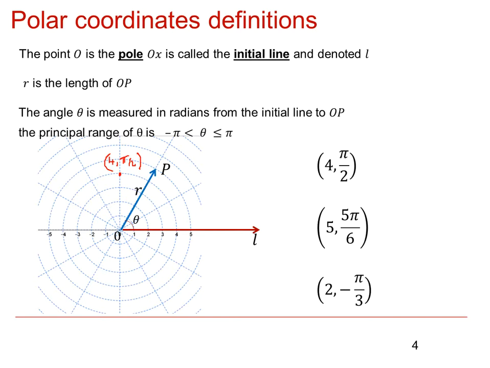So 5 pi by 6 is along this line here, and a distance 5 would bring us to that point there. So that is (5, 5 pi by 6). And finally, negative pi by 3 is along this line, and 2 is there, so that point there is (2, negative pi by 3).